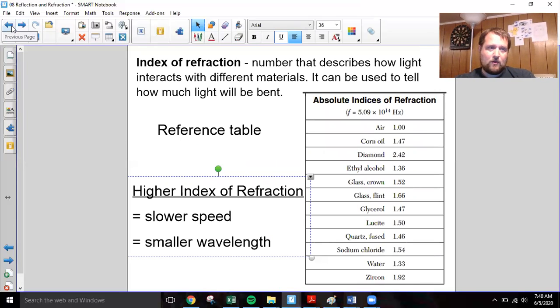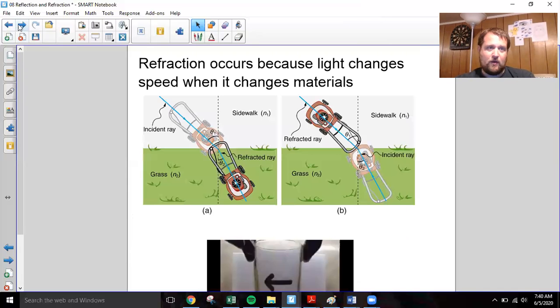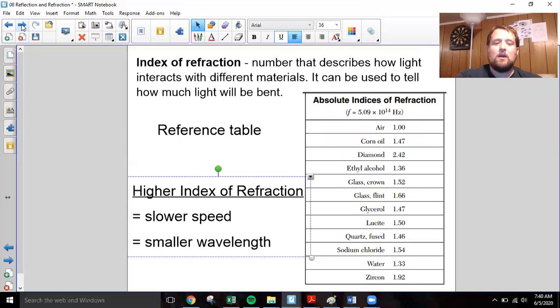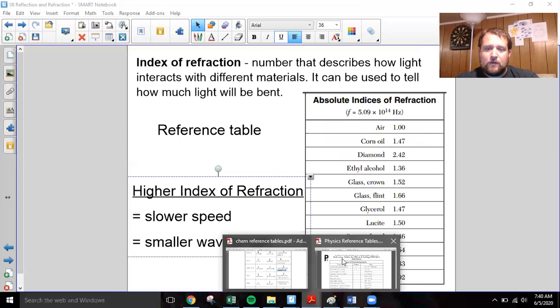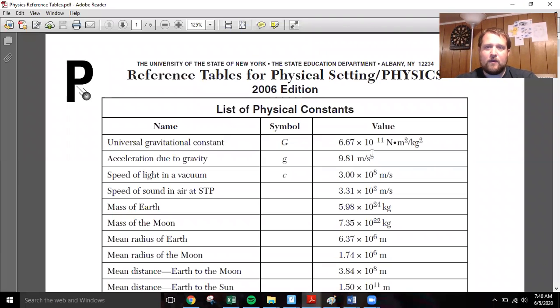All right, so your reference tables. How can your reference tables help you with this? So first, at the very front of your reference table, we have the fastest speed that light can possibly be, and that's the speed of light in a vacuum.